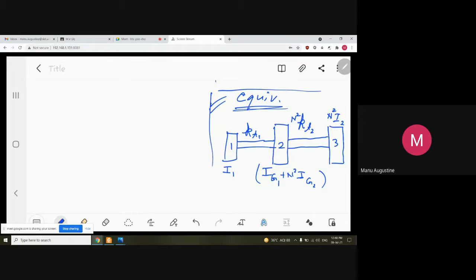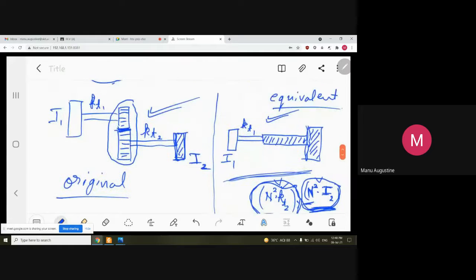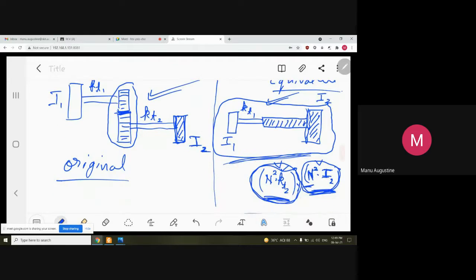We don't know how to deal with the change of velocities and all that stuff when gears are involved. So that is why we go for equivalent conversions, because if such a system is given to you without mentioning that it was obtained from a geared system, and simply if somebody asks you to find the natural frequencies of this system, no equivalent or anything, just this system given to you out of the blue, how would you do that? Let us see.